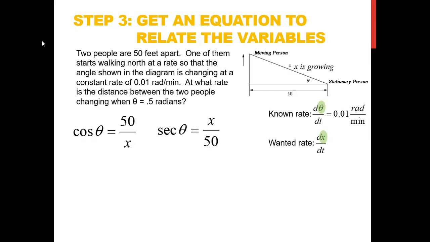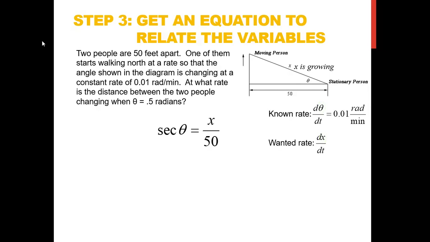Now, I'm going to work with the one on the right. So I'm going to take this cosine one and just set it aside, and I'm going to do this problem using this relationship. I don't have a real good reason to do that, but that's what I'm going to do.